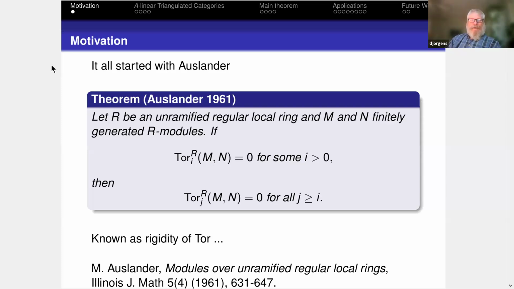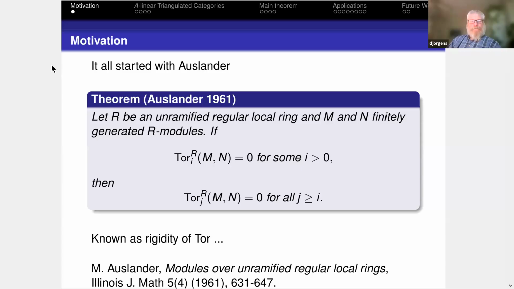It all started with this paper by Maurice Auslander in 1961, where he proved that over an unramified regular local ring, if you took two finitely generated modules over that ring, and if some positive Tor vanished, was equal to 0, then all the subsequent Tors are also 0.